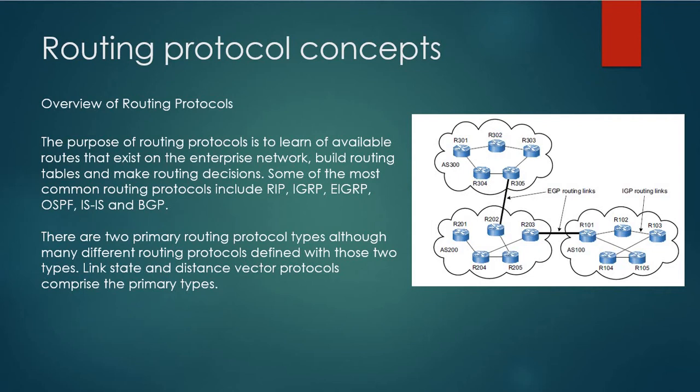The purpose of a routing protocol is to learn of available routes that exist on the enterprise or a local area network or company network and make a routing decision.